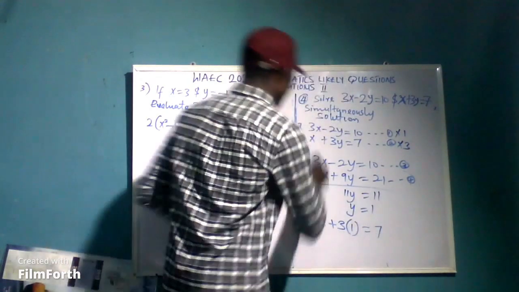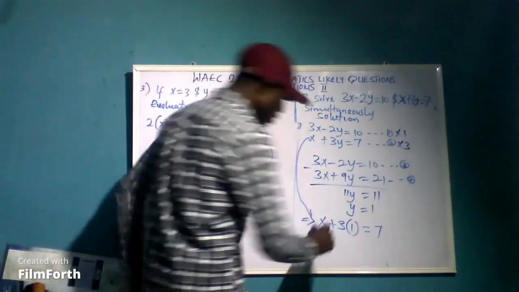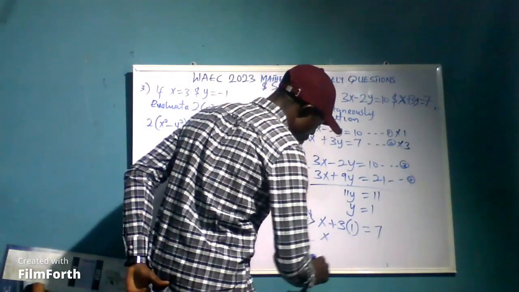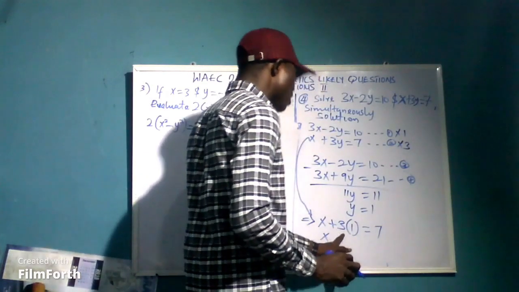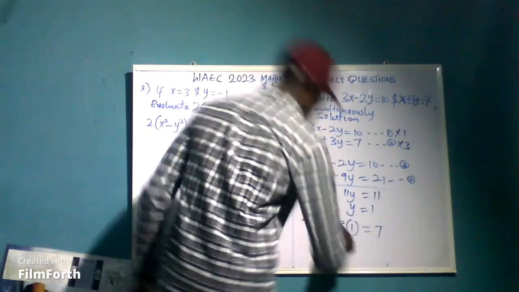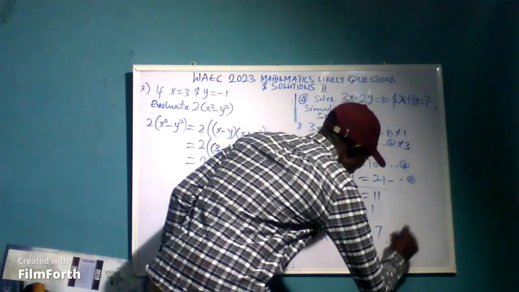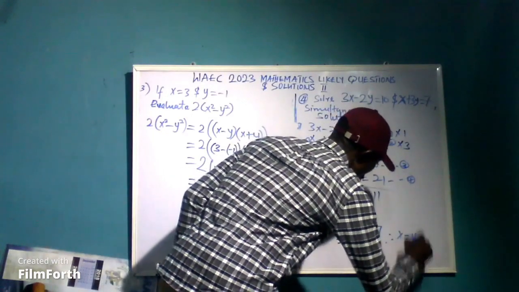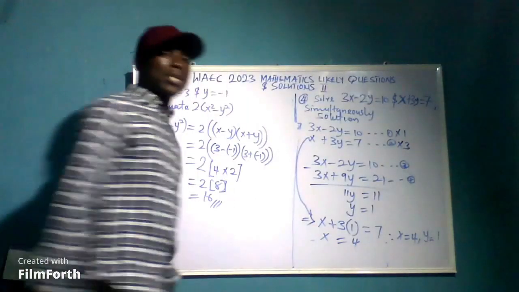From here we make x the subject of the formula: 3 times 1 is equal to 3, and taking 3 to this side, it will be minus 3. 7 minus 3 will give us 4. So our x is equal to 4. Therefore x is equal to 4, y equals 1. That's the final answer.